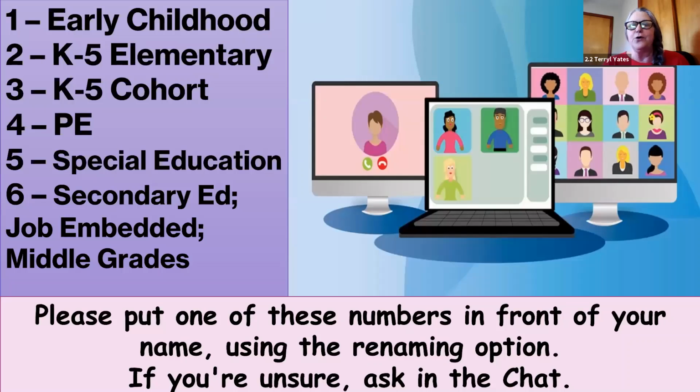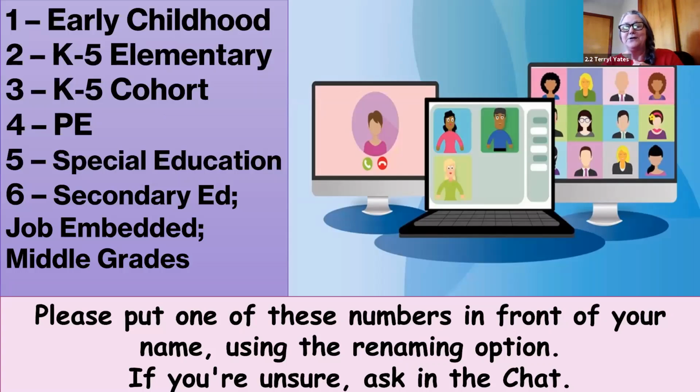We are going to be doing breakout rooms today. If you go into the upper right-hand corner of your own little square, you'll see 3 little dots. If you click those, you'll see an option to rename. If you put a number within your name, that will help Cameron get you to the correct breakout room. For example, I'm going to be with elementary today, so I would put in the number 2 with Terrell Yates, or I could just stick a 2 at the end of my name.